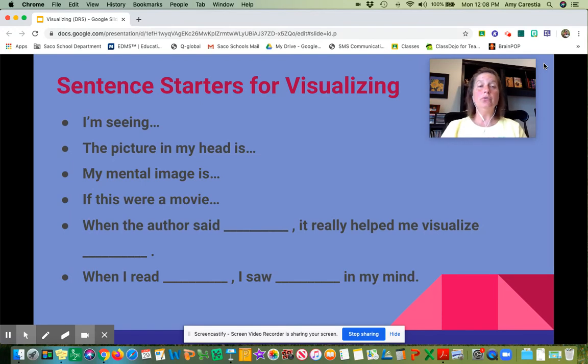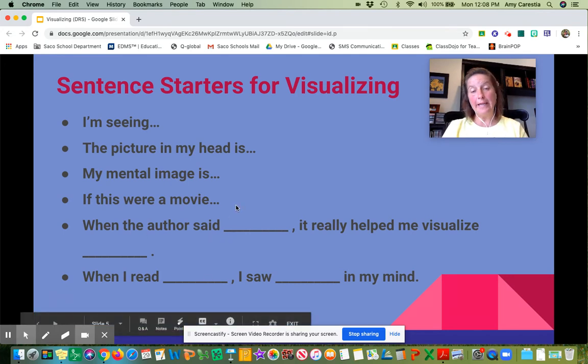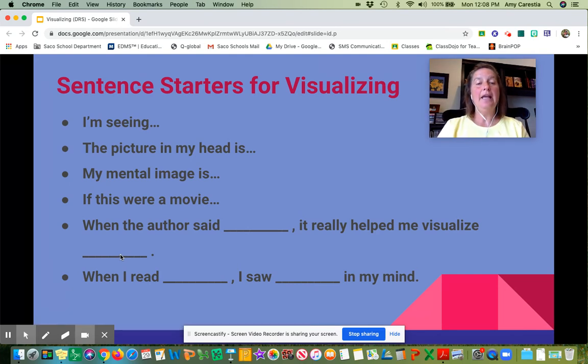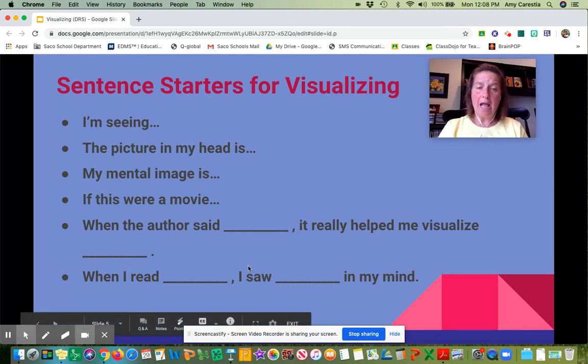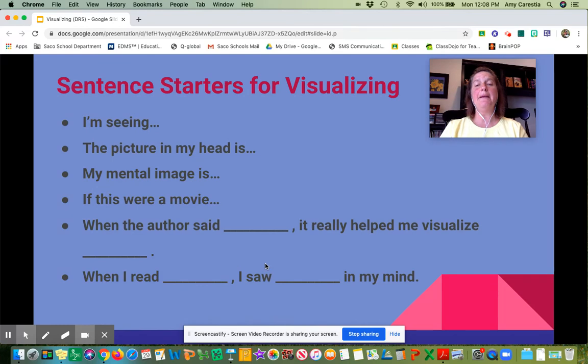You can use a sentence beginning with, I'm seeing, or the picture in my head is. The next one is my mental images. If this were a movie, when the author said blank, it really helped me visualize blank. And when I read blank, I saw blank in my mind.